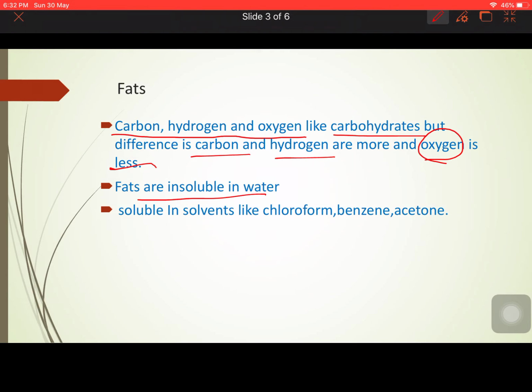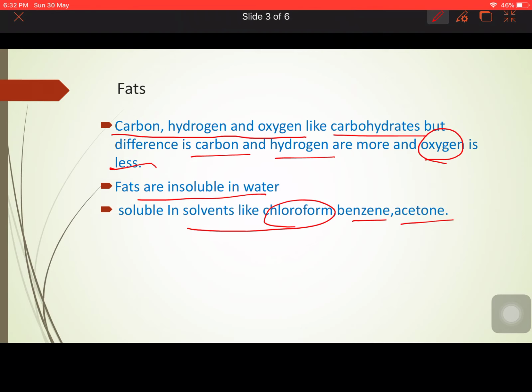So, water and fats are always insoluble. They are soluble in solvents like chloroform, benzene and acetone. Is it clear? But water is not at all a solvent for fats. Though we know that carbohydrates like glucose dissolve in water, fats don't dissolve in water.